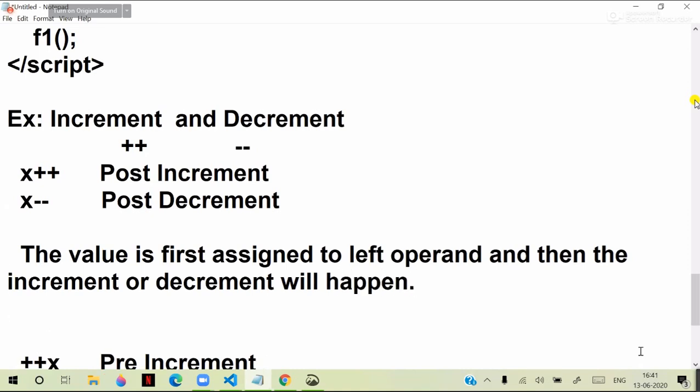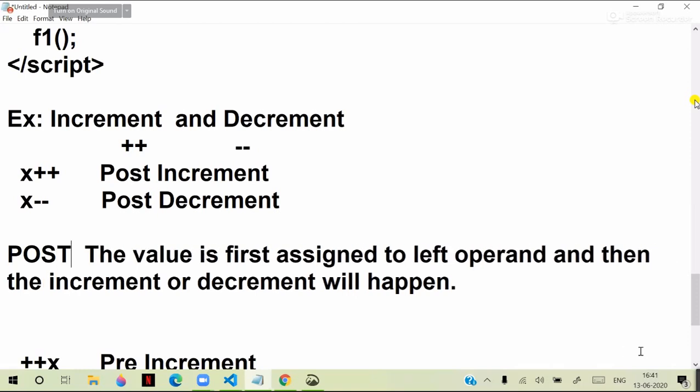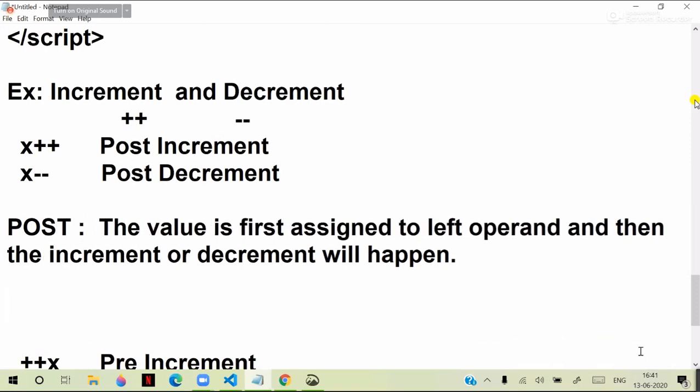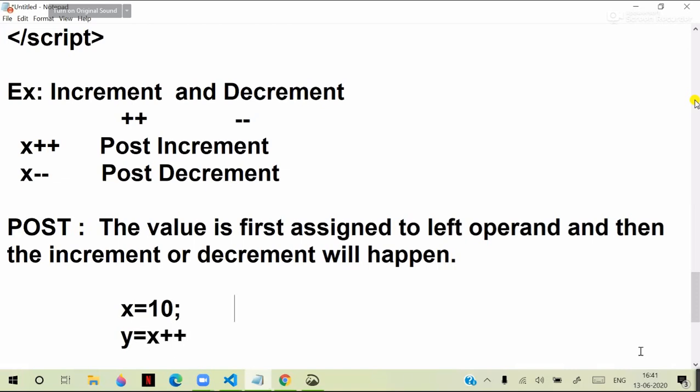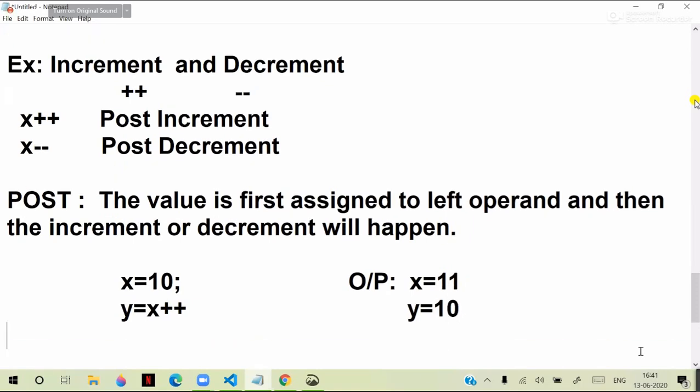Post means the value is first assigned to the left operand and then increment or decrement happens. That means x equal to 10 and y is equal to x plus plus. Then in the output x will be 11 and y will be 10. That's what happens.